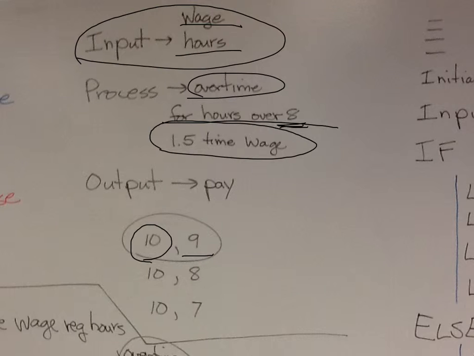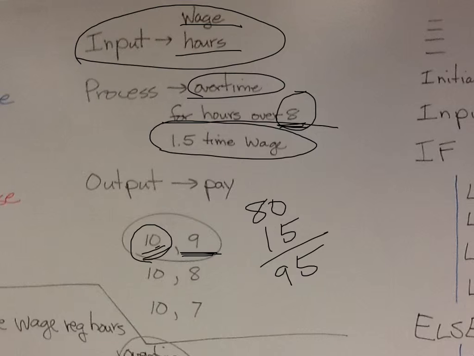The first 8 hours, they get $10 an hour for the first 8 hours. That would be $80. And they have 1 hour over the 8. So they get time and a half on that. That would be 15. If I did that right, 95. So that's the idea of the problem.